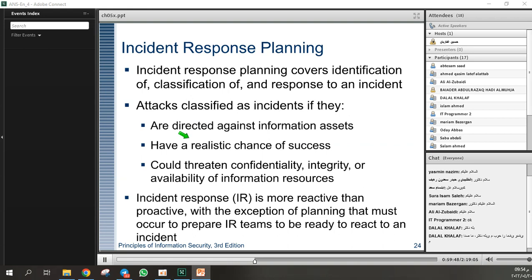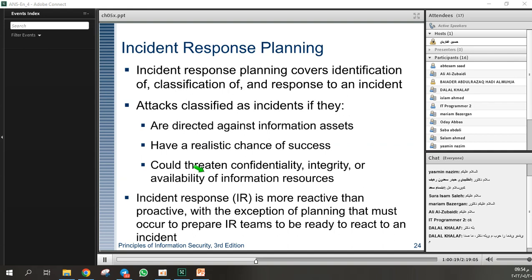Maybe it has a realistic chance of success. Can this incident have enough chance to happen, and could it succeed? Could it threaten the confidentiality, integrity, or availability of my information?